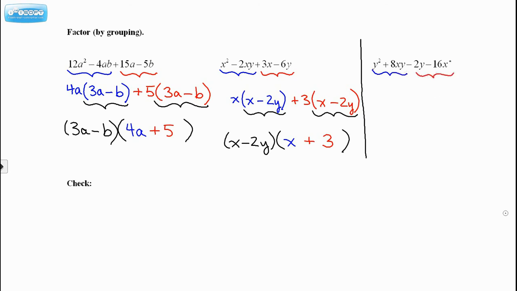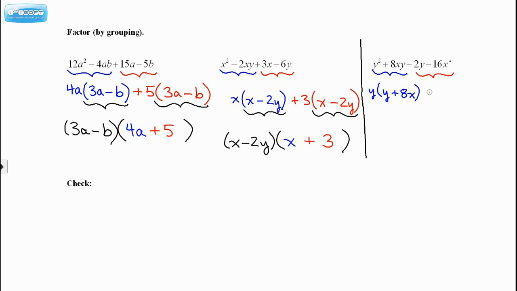Right, so in blue, the GCF here is just y. Therefore, what's left is y plus 8x. Now, for this to work in the end, we want to be able to create a red set of brackets that says y plus 8x. So I have minus 2y minus 16x.